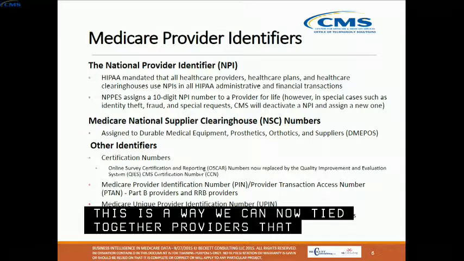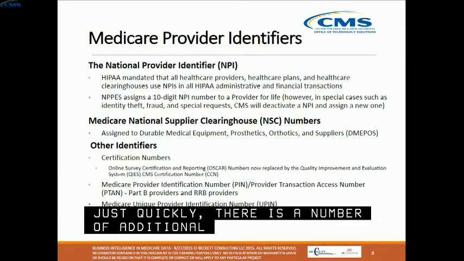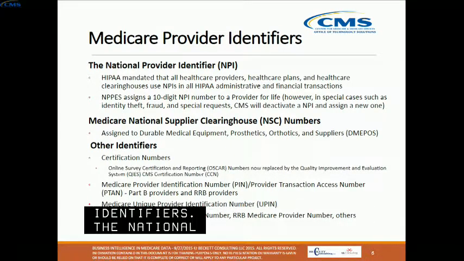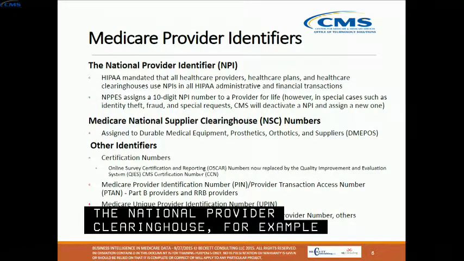Just quickly, there's a number of additional historical provider identifiers. The National Supplier Clearinghouse, for example, assigns unique numbers to the durable medical equipment suppliers.